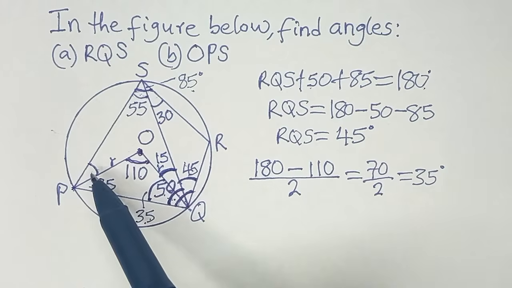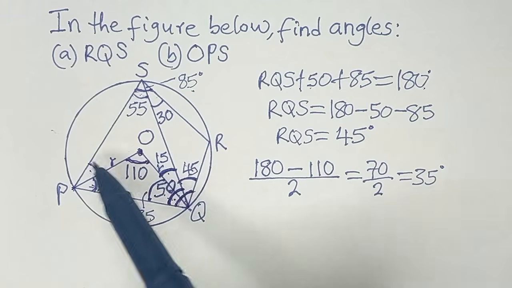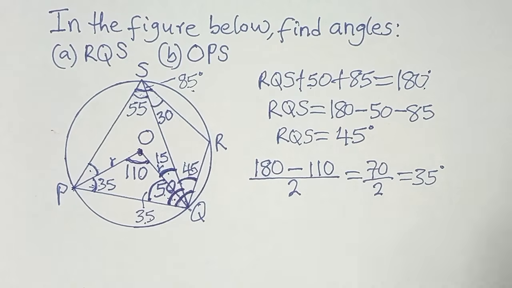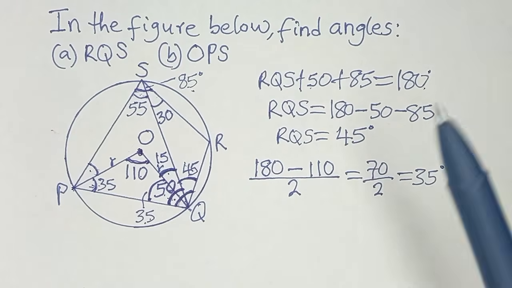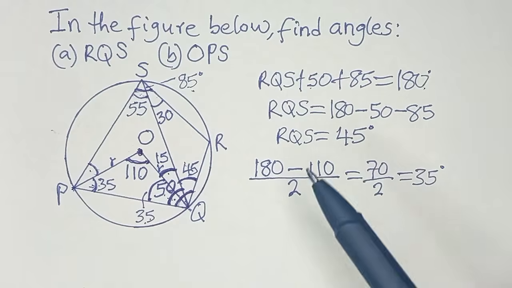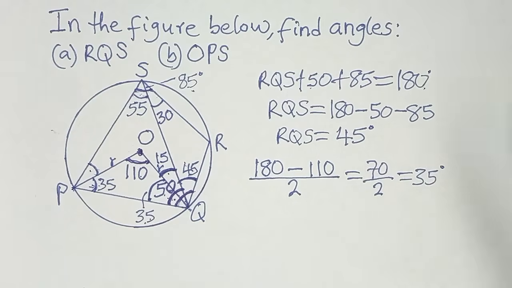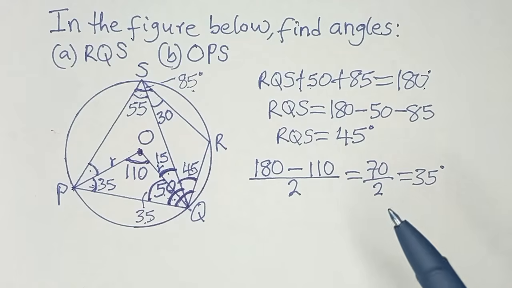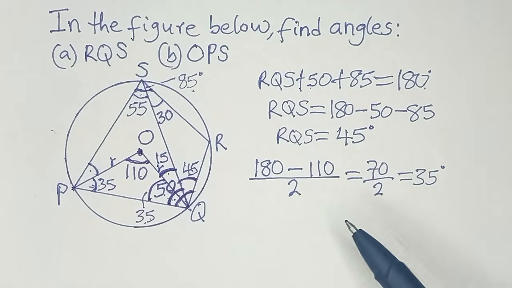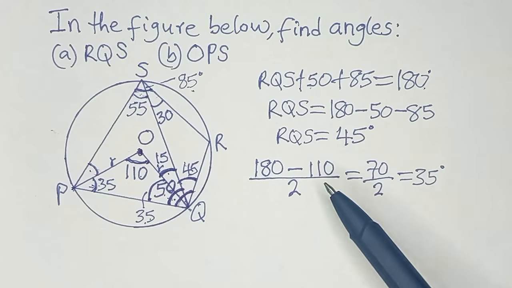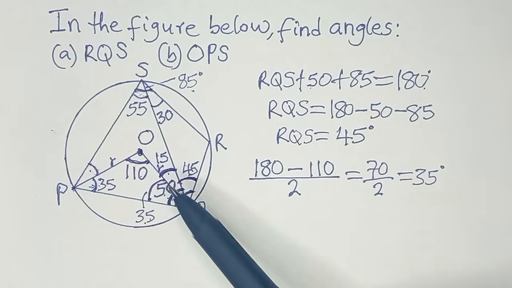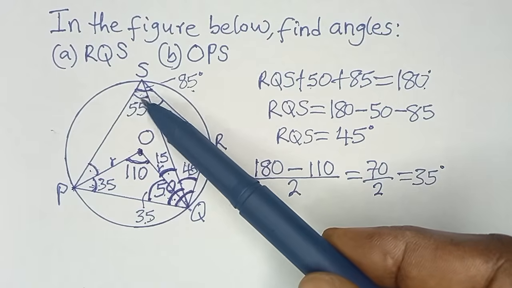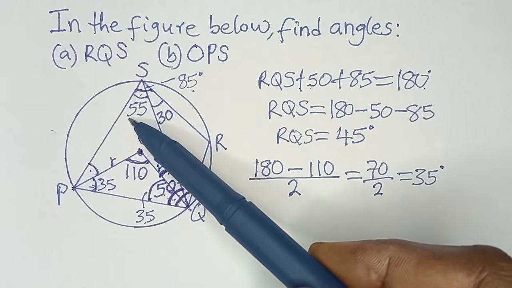Then finally, these two angles here, 15 and this angle that we're looking for, together will give us this angle at the circumference as 55. Take note of that rule. And the rule to apply, or the simple logical statement that you can use to back it up, is to say that the sum of adjacent base angles of two isosceles triangles at this top sum up to 55 degrees.